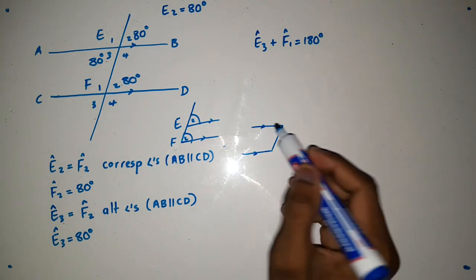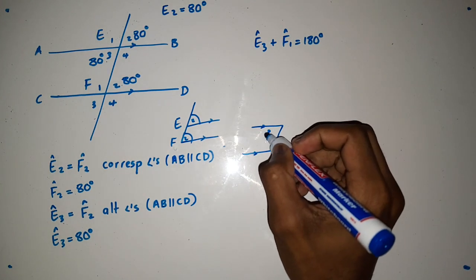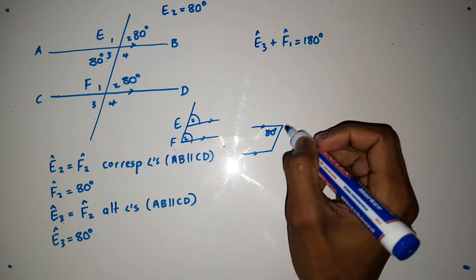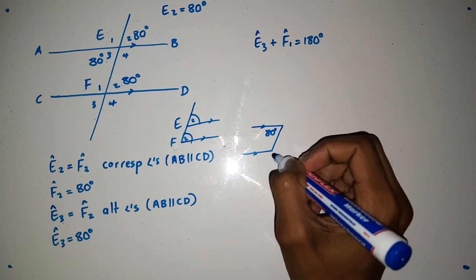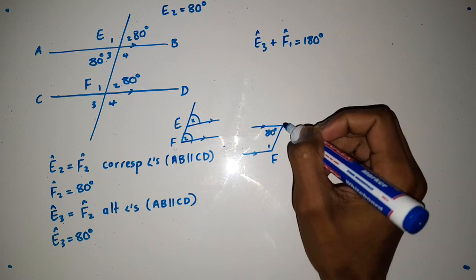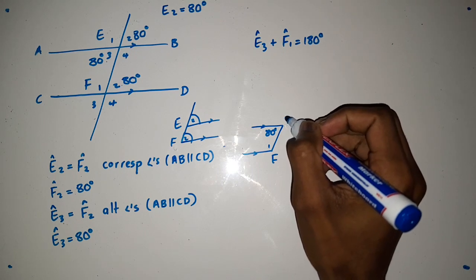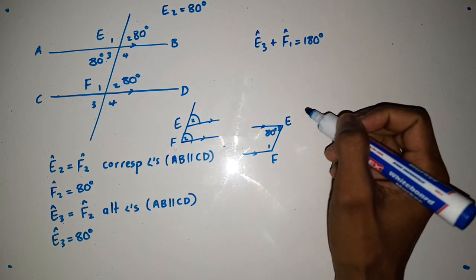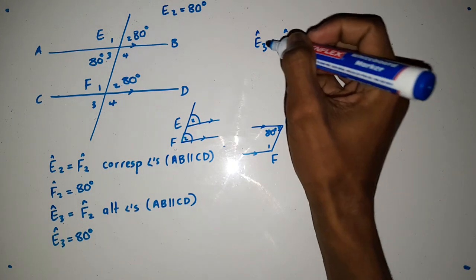Like this. We have 80 over there. Then here we have F1. Somewhere here we have E3. Do you understand?